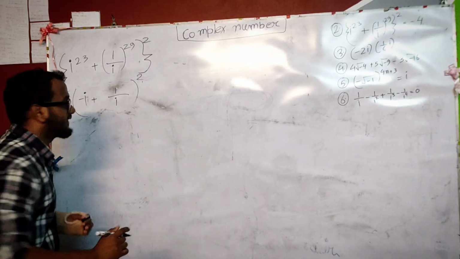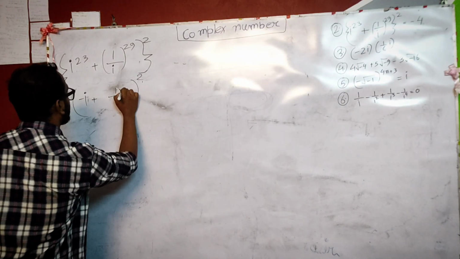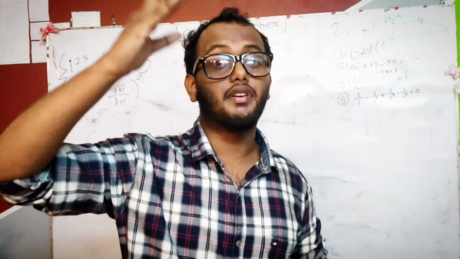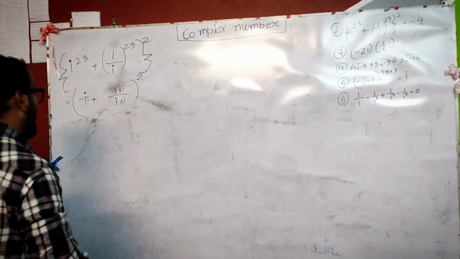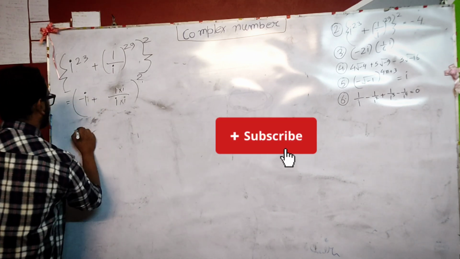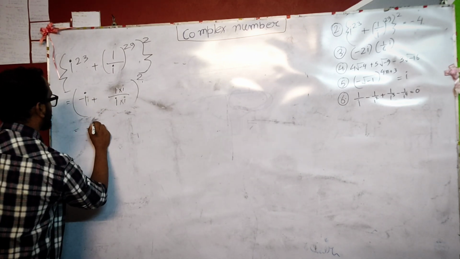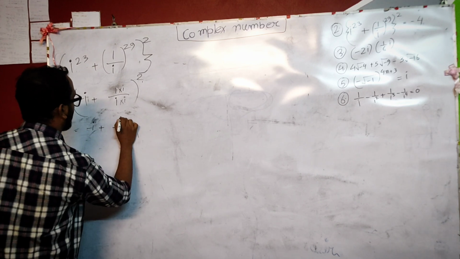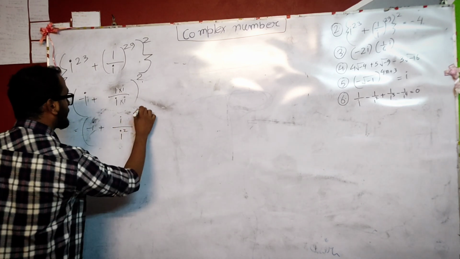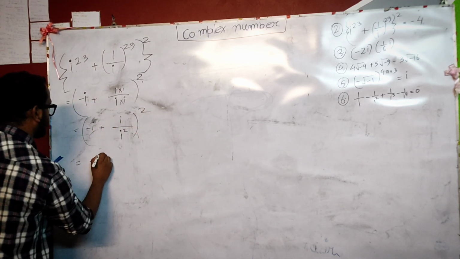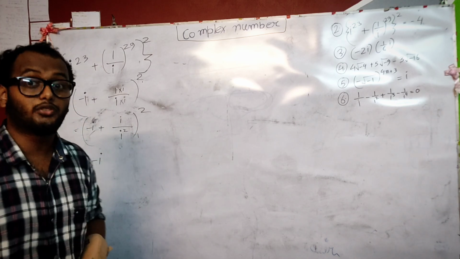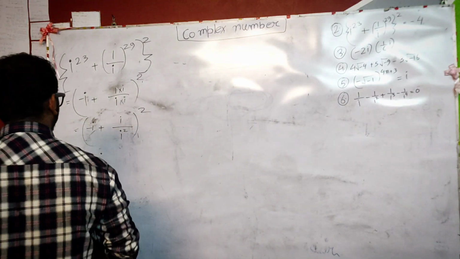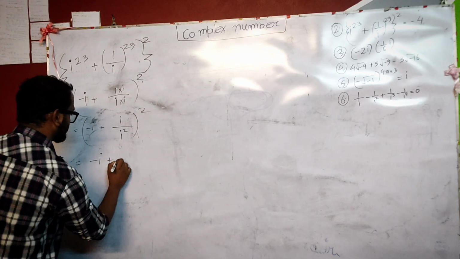What we will do here is multiply i both in the numerator and the denominator. So i into i, that is i squared. Minus i is already there from before, plus at that we have i squared. What is the value of i squared?